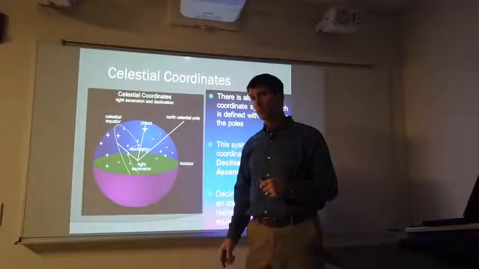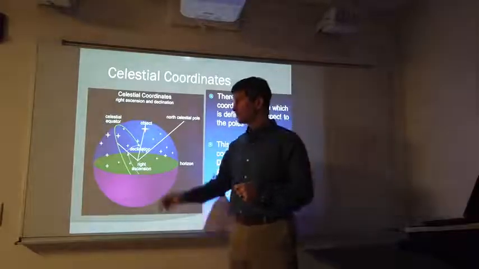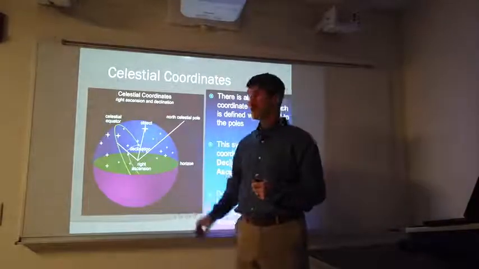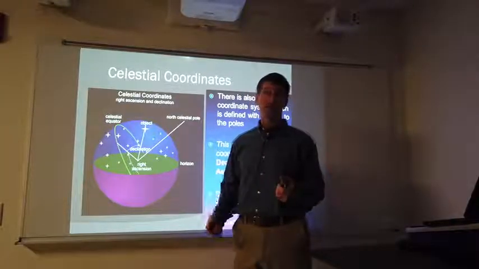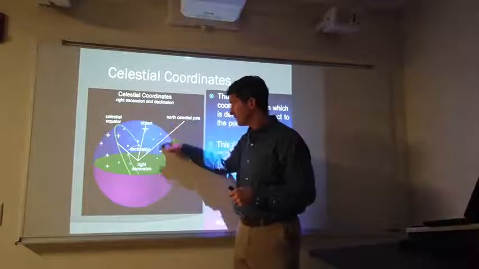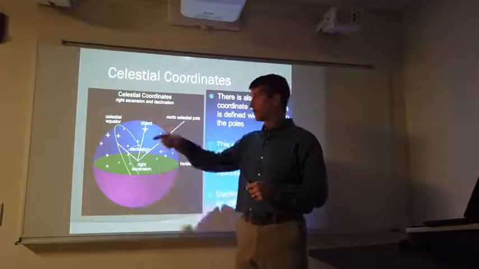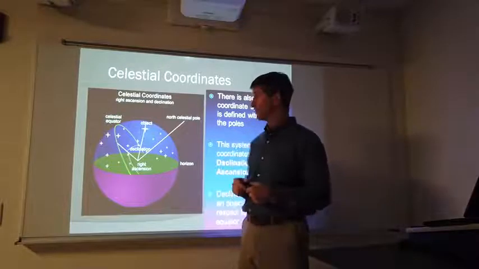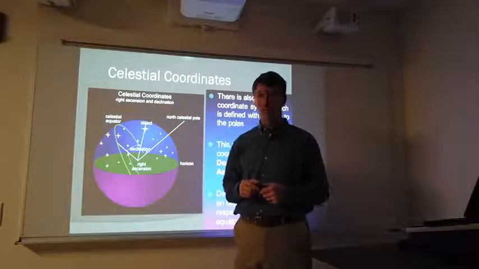Right ascension is a little more complicated. Right ascension is not measured in degrees, not typically. Usually it's measured in hours, minutes, and seconds. And the reason for that is as the imaginary celestial sphere rotates, okay, it takes about 24 hours to complete one rotation.